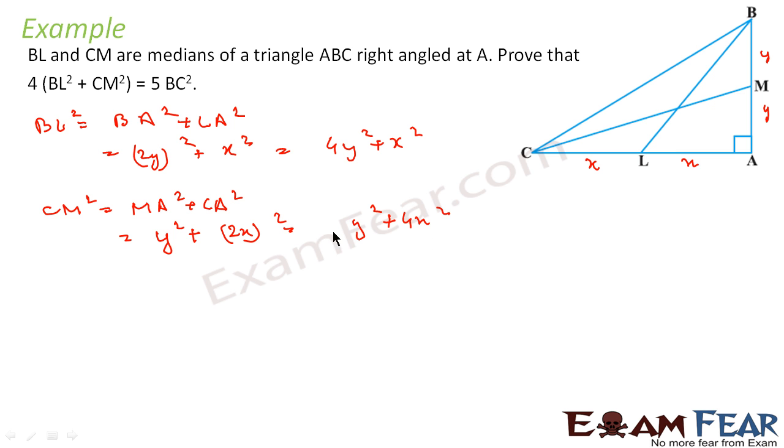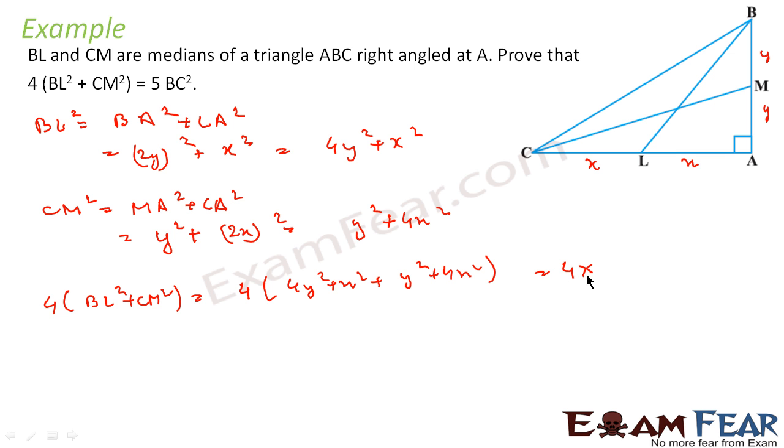Now the question asks you to find 4 times BL square plus CM square. So 4 into (4y square plus x square plus y square plus 4x square), that is 4 into (5y square plus 5x square), that is 20 into (x square plus y square).